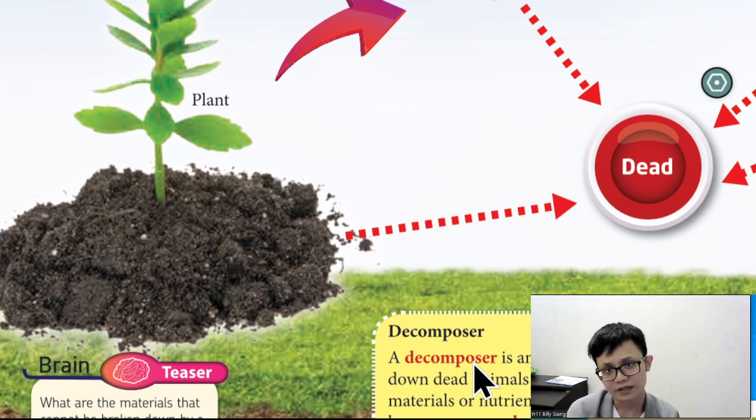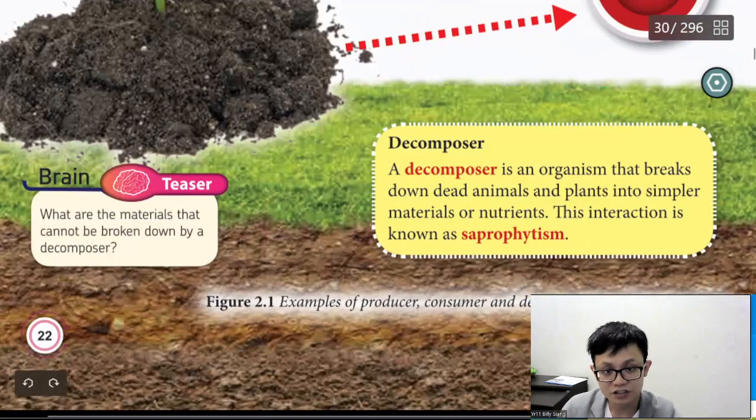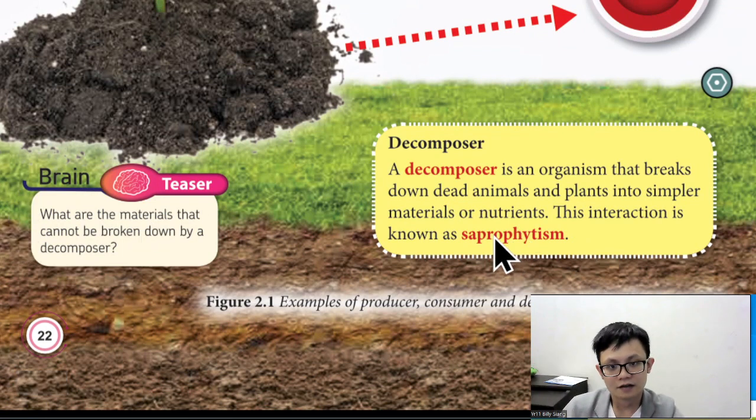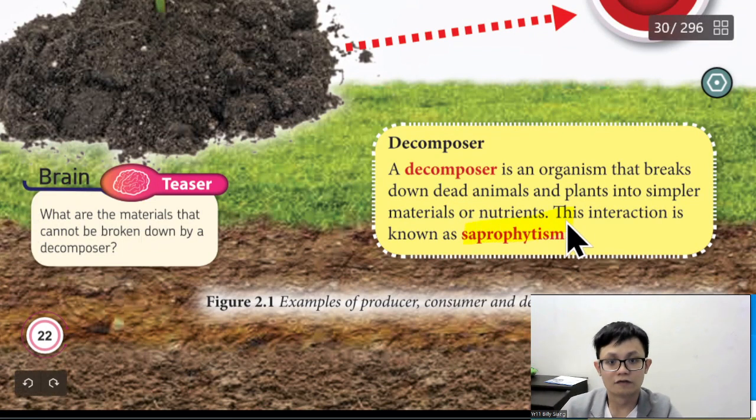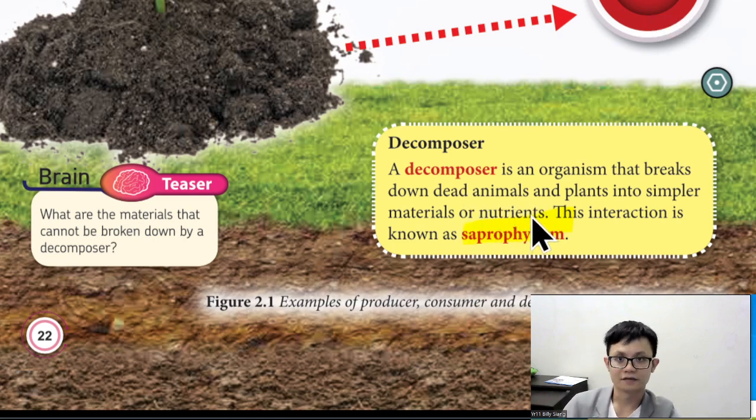Why do we want to put this in this chapter? Because this is also a relationship, correct or not? Human and the dead animal relationship, correct or not? So we and the worm also have a relationship. The worm eats us, not we eat the worm, correct or not?